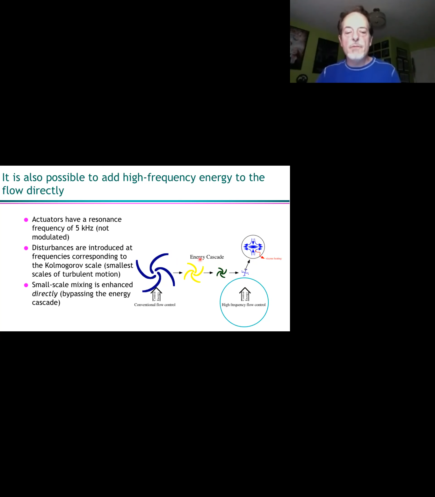And what we were able to show, and I'll show that in following slides, is that we were able to introduce small scale mixing directly by bypassing the energy cascade. In the previous examples, I was using the natural instability of the flow and the natural energy cascade to get a benefit. Now I'm bypassing all that. I'm just adding energy directly to the small scales of the flow.